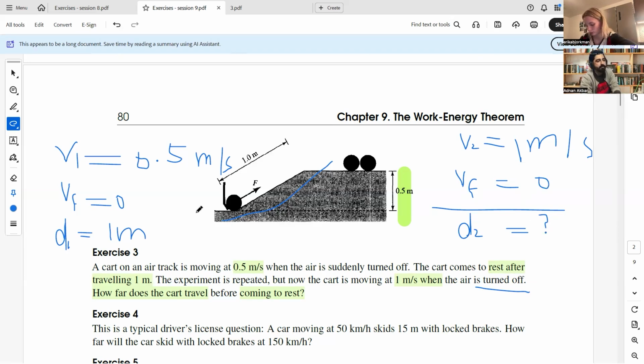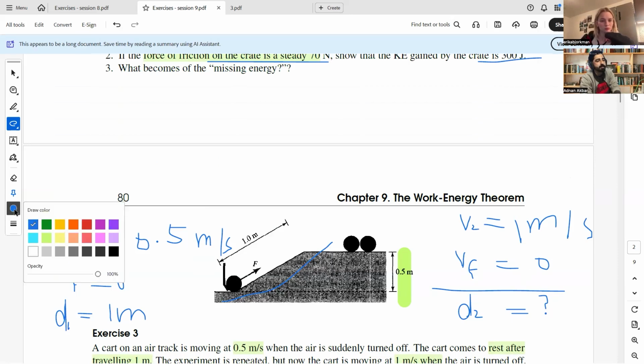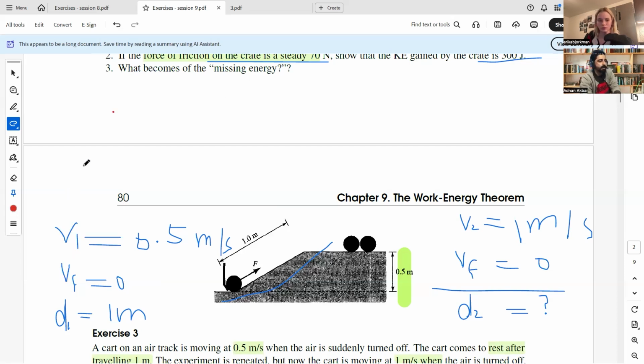Okay, for both cases we need to use the work energy theorem again because it is moving and work is done on it. Its velocity is getting changed. So as a result of applied force, some work is done on it and it is covering the distance. But we don't know the applied force, that we have to calculate.